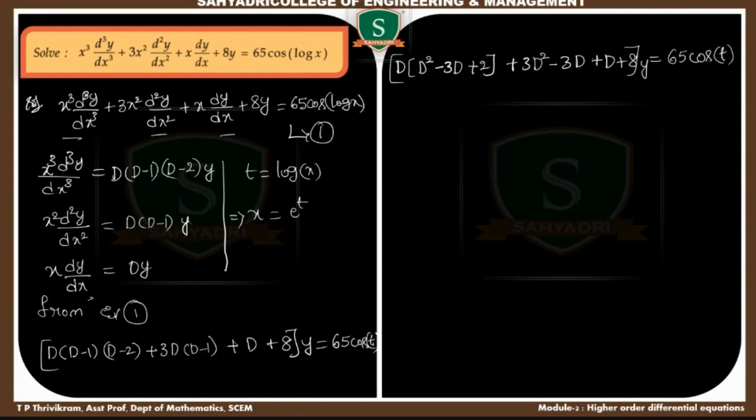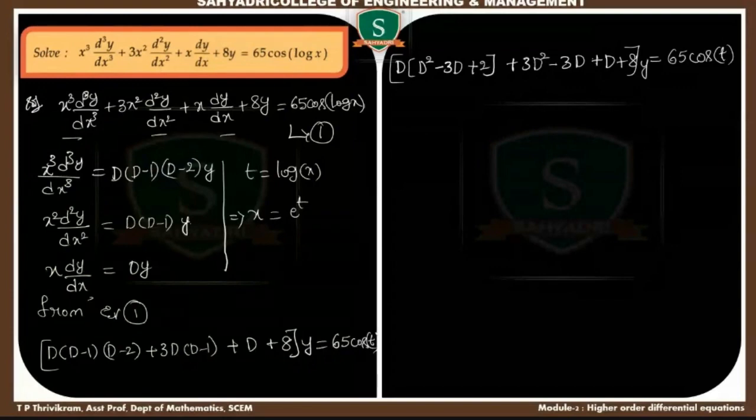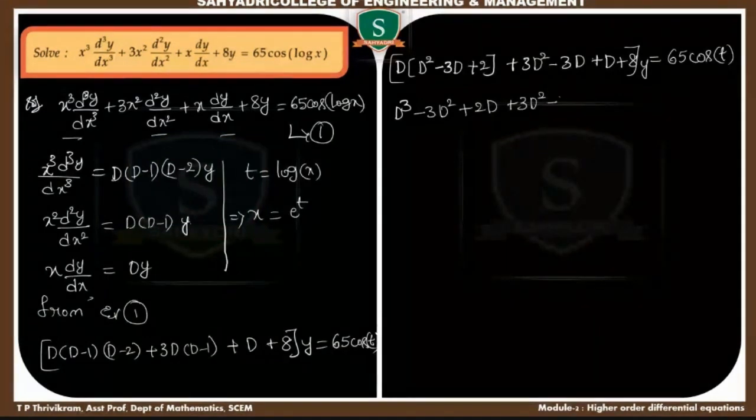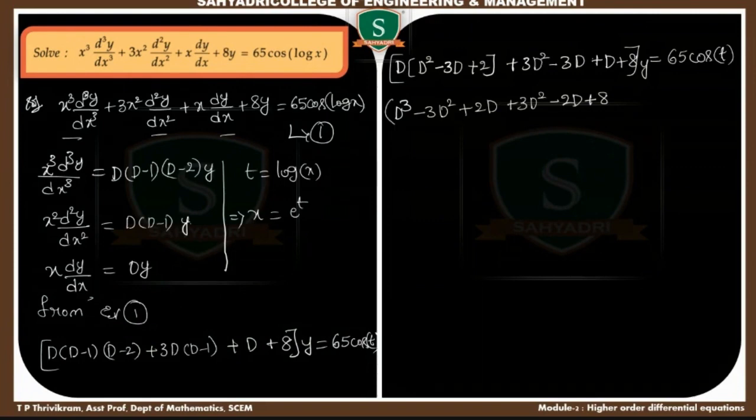Still multiplication remains. So we'll get d cube minus 3d square plus 2d plus 3d square minus 3d. So minus 3d plus d, so I'll get minus 2d plus 8 into y equal to 65 cos t.